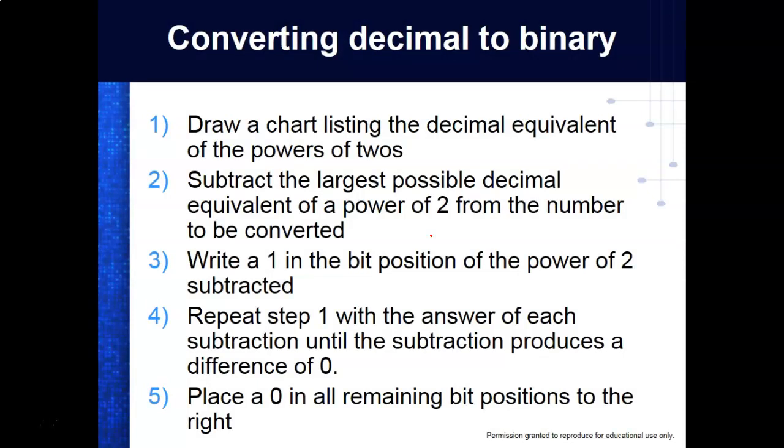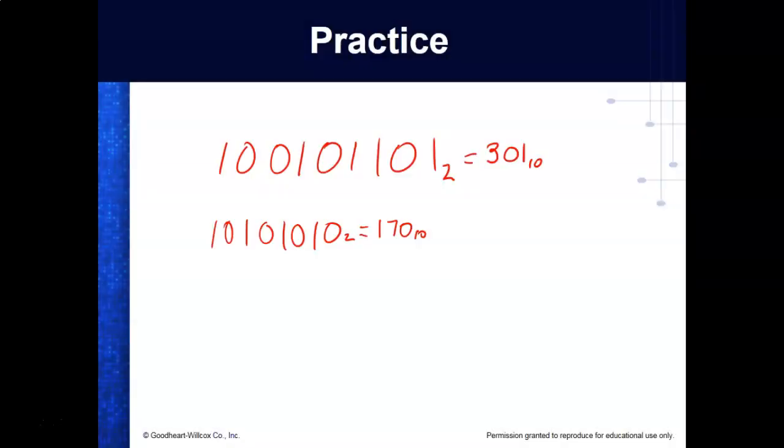So how would we convert decimal to binary? What we'll do is we'll come up with a decimal number. Let's do a number we did over here. So this one right here was 170.